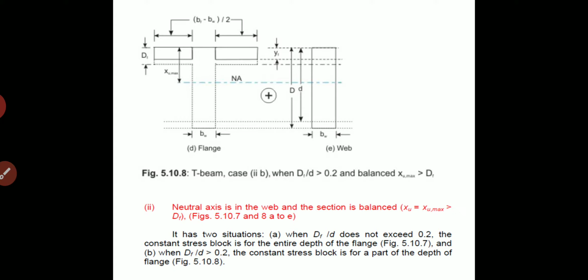In the second case, when depth of flange divided by effective depth does not exceed 0.2, the constant stress block is for the entire depth of flange, and when depth of flange divided by effective depth is greater than 0.2, the constant stress block is for a part of the depth of flange.